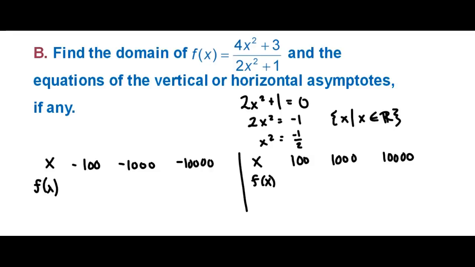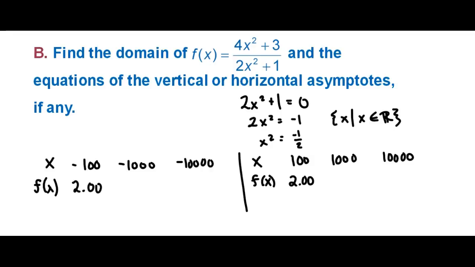So 40,003 when I'm putting it into this function. And on the bottom, I get 20,001. So 40,003 divided by 20,001 is 2.00. And since it's squared, it'd be the same thing for the positive side as well, 2.00.